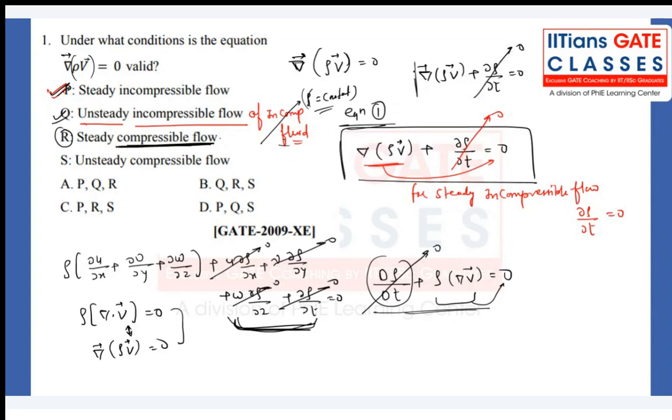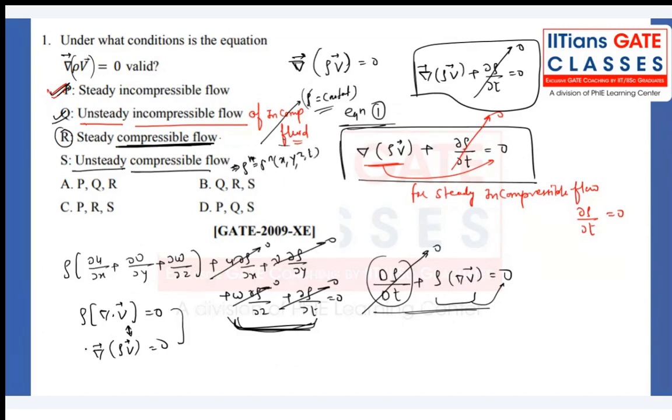So once again the equation is valid. Unsteady compressible flow, impossible. Impossible, because compressible flow, density can be the function of x, y, z, and t.